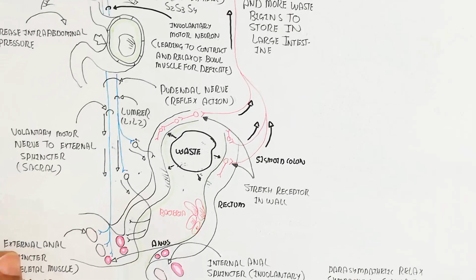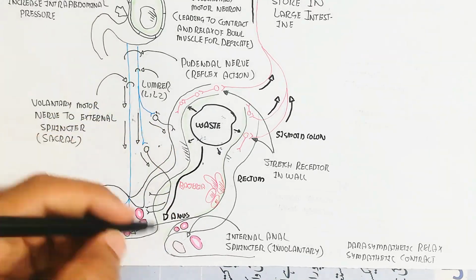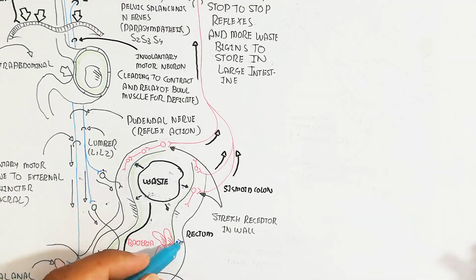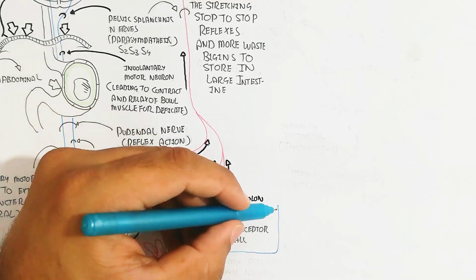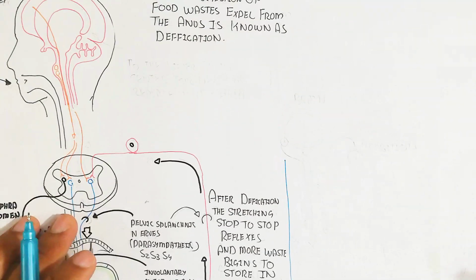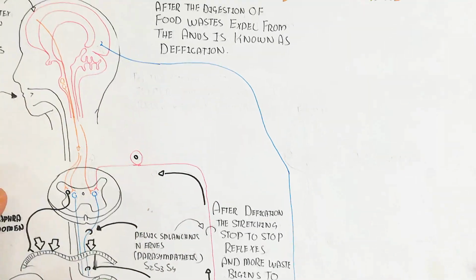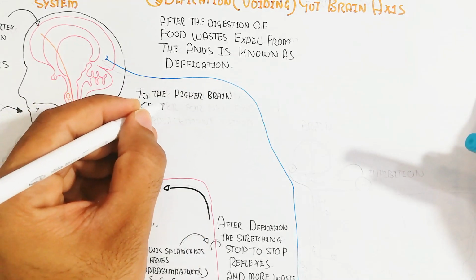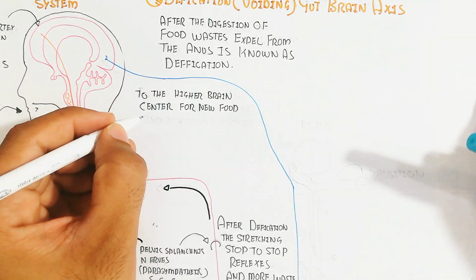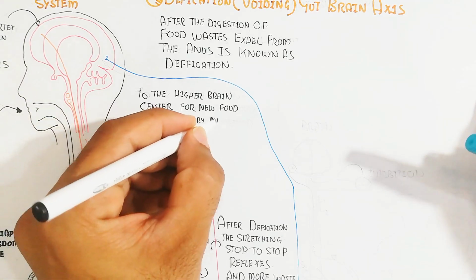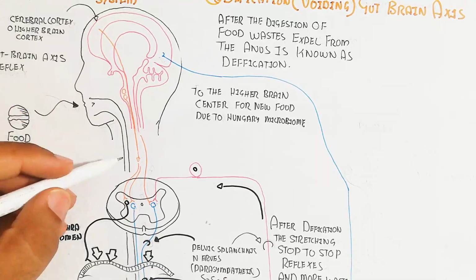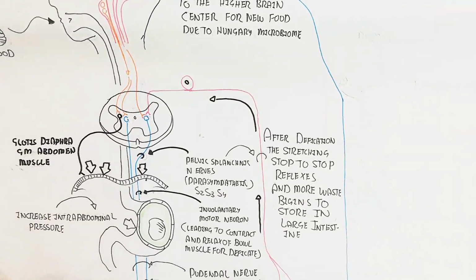The parasympathetic nervous system is used for relaxing, while the sympathetic nervous system is used for contracting to hold it. The parasympathetic nervous system through the vagal nerve is used for expelling the waste. The sensory afferent vagal nerve from the microbiota sends the signal, by the production of chemicals from the hungry microbiome, to the higher brain center for new food. In this way the vagal nerve increases the appetite. Remember that.